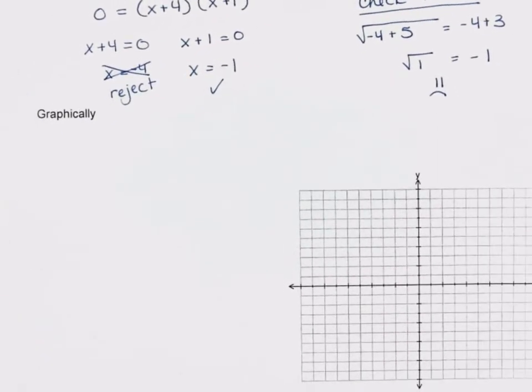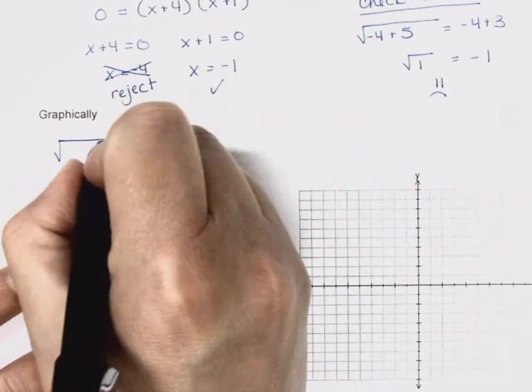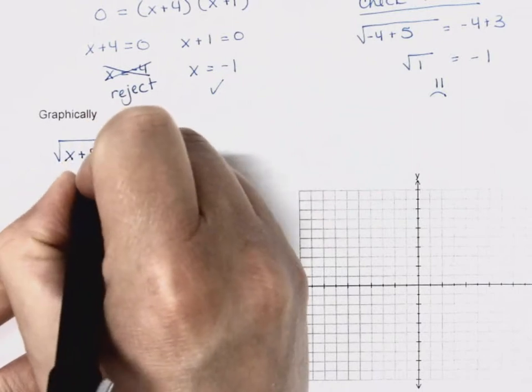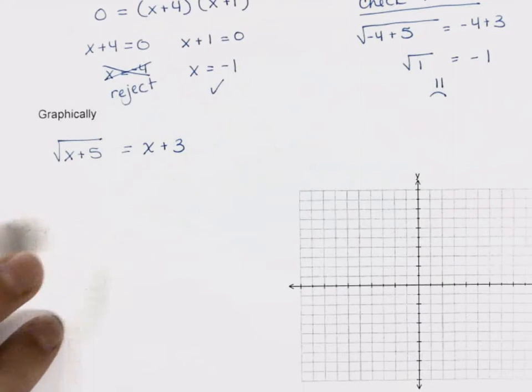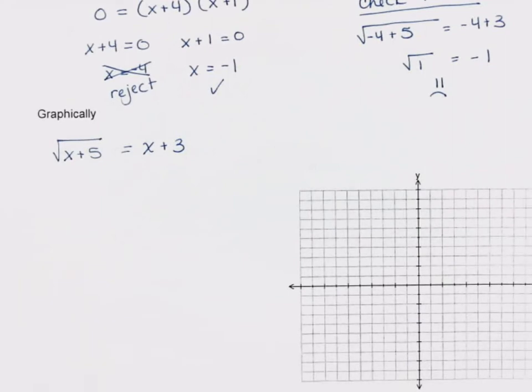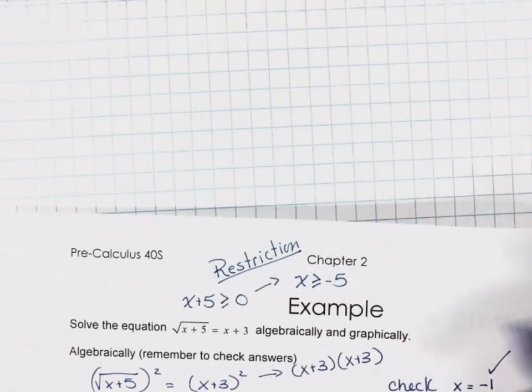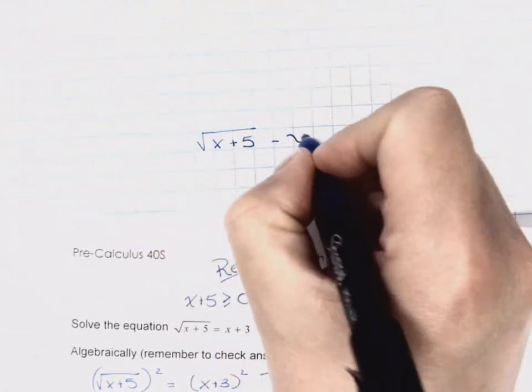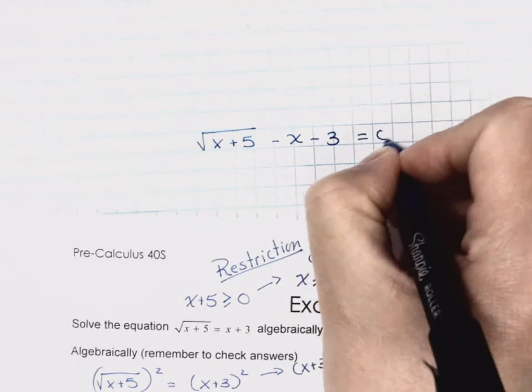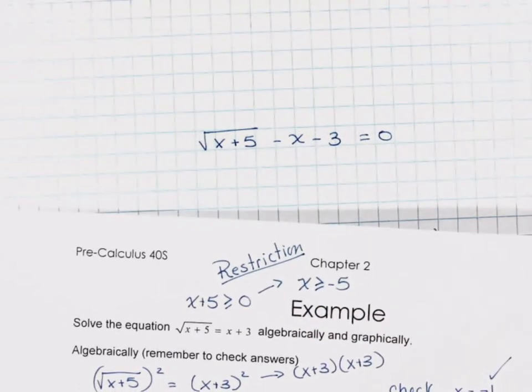Okay, so here's the thing. This becomes really hard to graph. For the last one, we just had the 3 on the same side. But if we moved everything to the left-hand side, what is that?